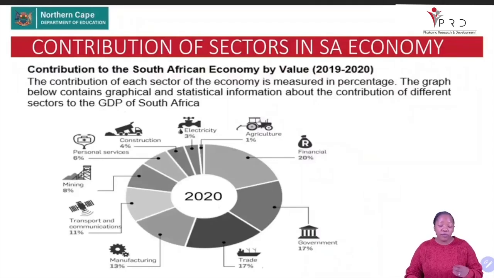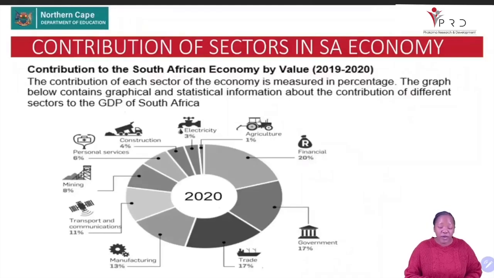And also we're looking at the construction. The construction is part of the secondary sector. Why secondary sector? Because in the construction, they are still building something that will be a final product afterwards. Remember, they can build a house or any building, or they can be constructing a road.